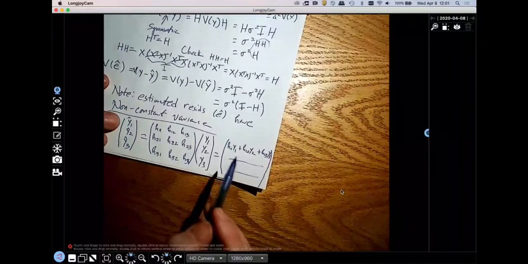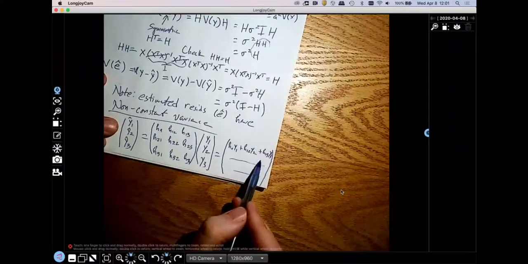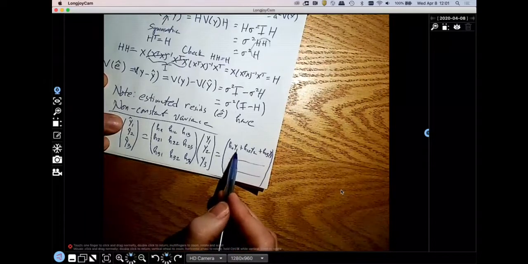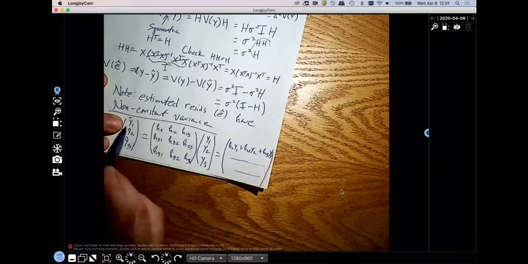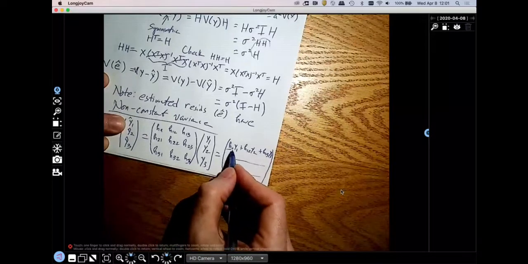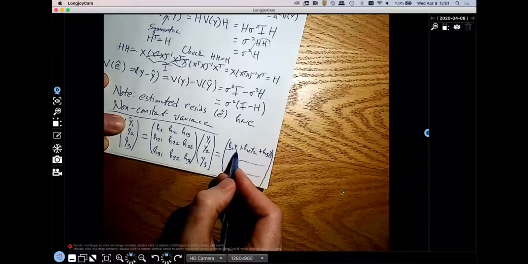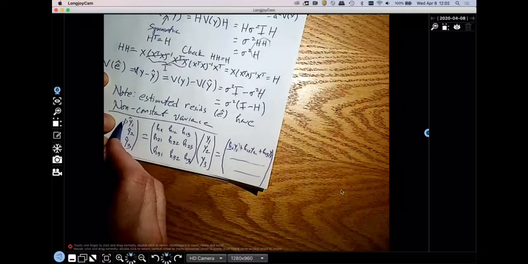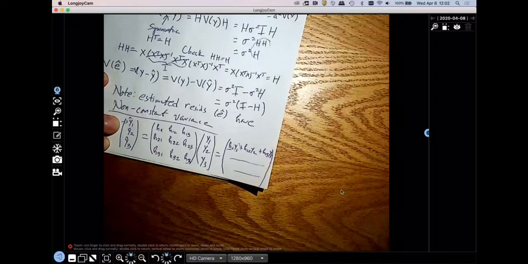So let's just really put a microscope on this expression. h11 is telling us how much influence the y1 value has on my predicted value of y1. So the bigger this number, the more influence y1 is going to have when I compute the predicted value y hat 1.